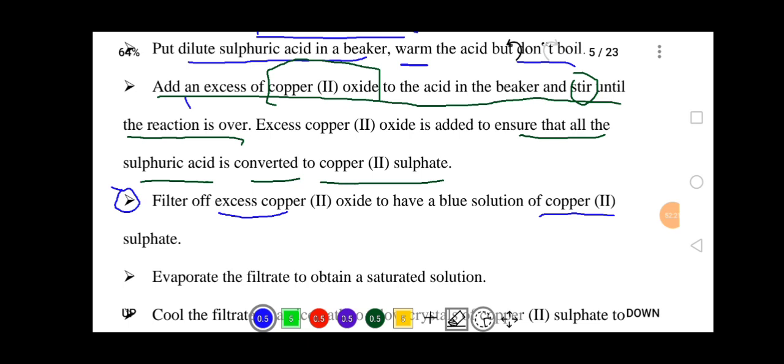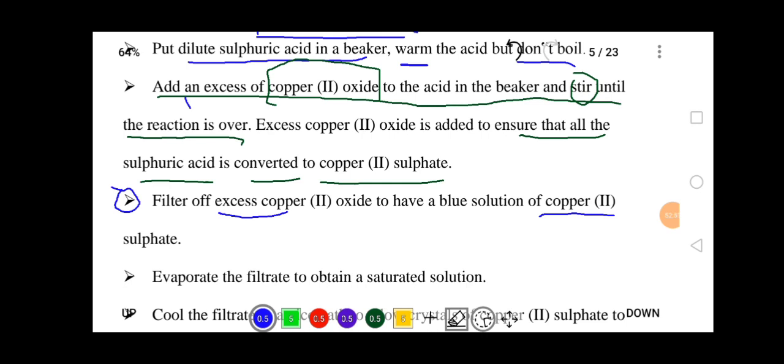Now, what we want to prepare is something in solid state. If the examiner says, explain how you can prepare hydrated copper 2 sulfate crystals, explain how you can prepare crystals of copper 2 sulfate.